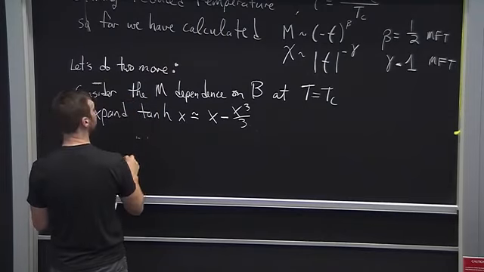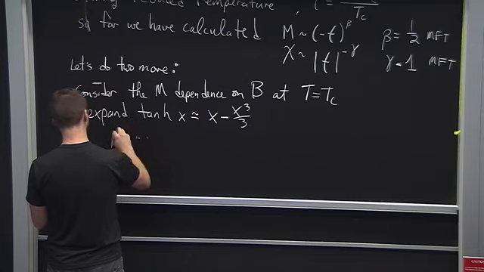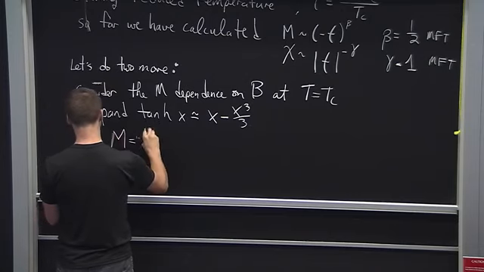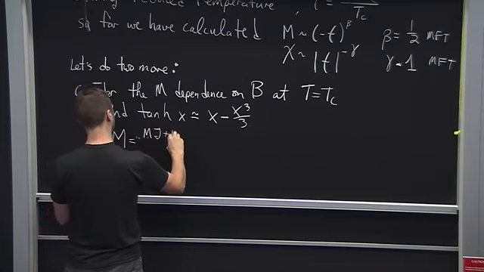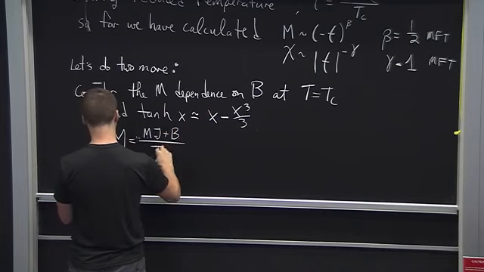Which, from that mean field equation for the magnetization, ends up giving Tc.